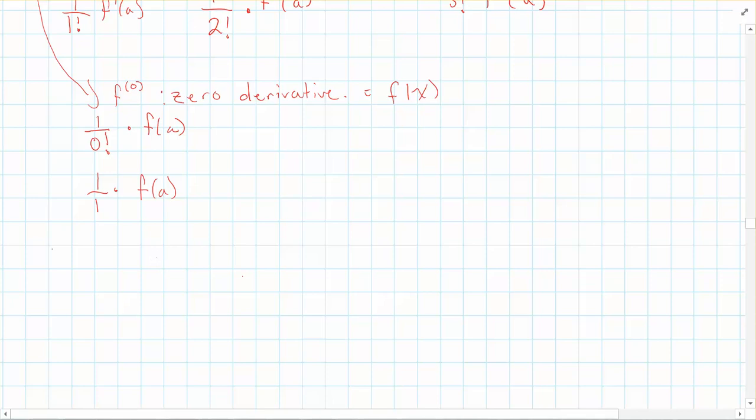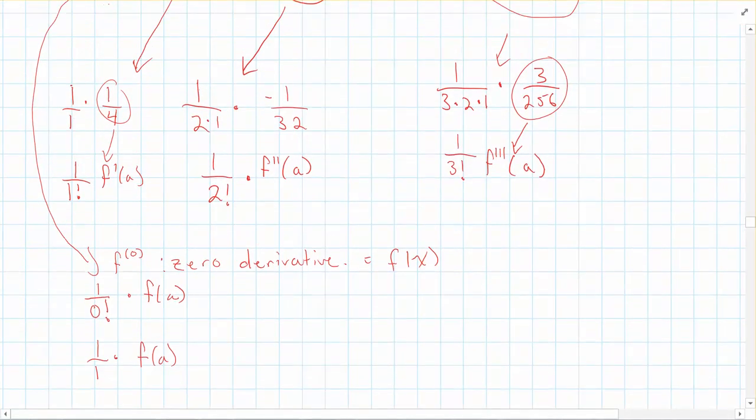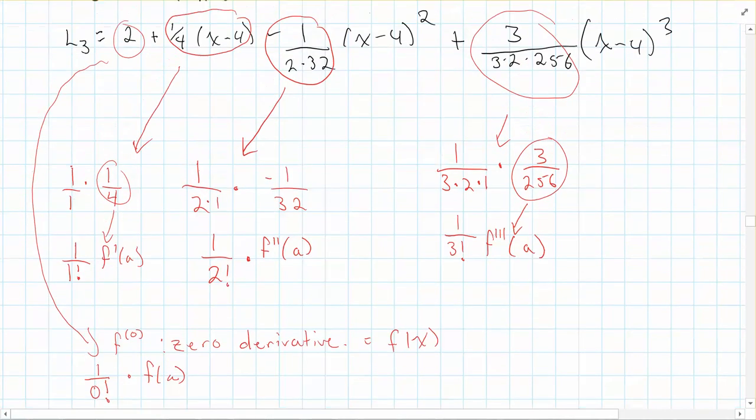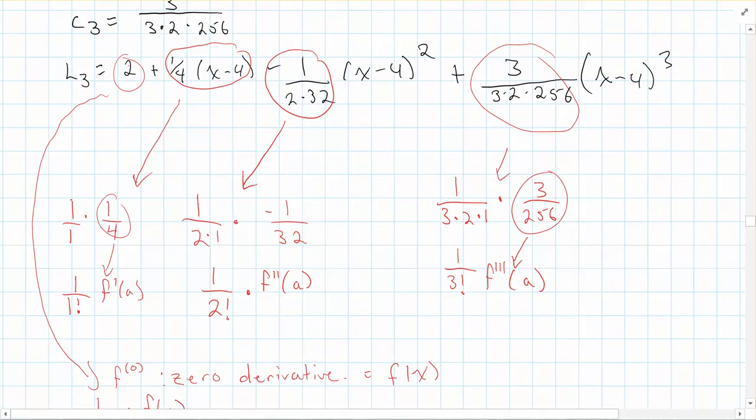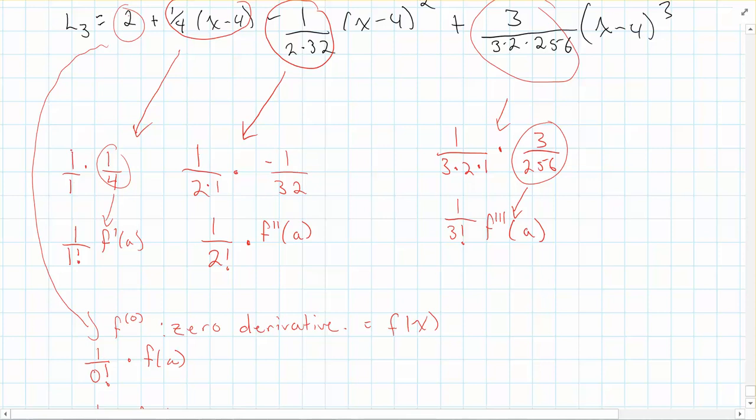Let's start over here. We're trying to write L3 at x. Let me scroll up here. There we go. So we need to write this term here, which is 1 over 0 factorial times f at a.